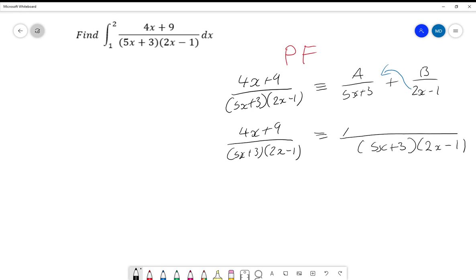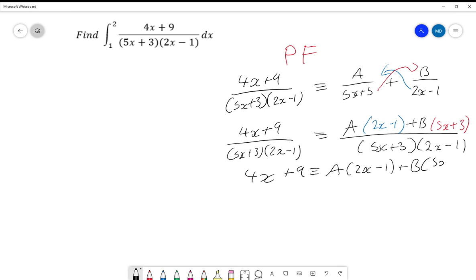So we're going to end up with a times by 2x minus 1. And we had to multiply the b by 5x plus 3. And now, exactly as before, that tells us that we've got 4x plus 9 is just the same as a lots of 2x minus 1 plus b lots of 5x plus 3.